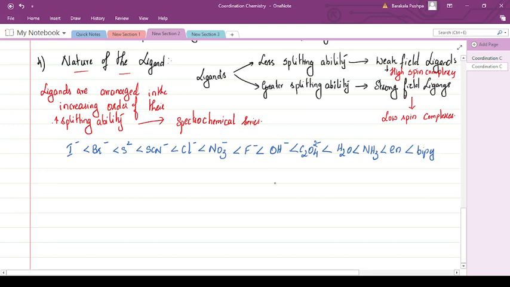Then you have again nitrite, cyano and carbonyl.